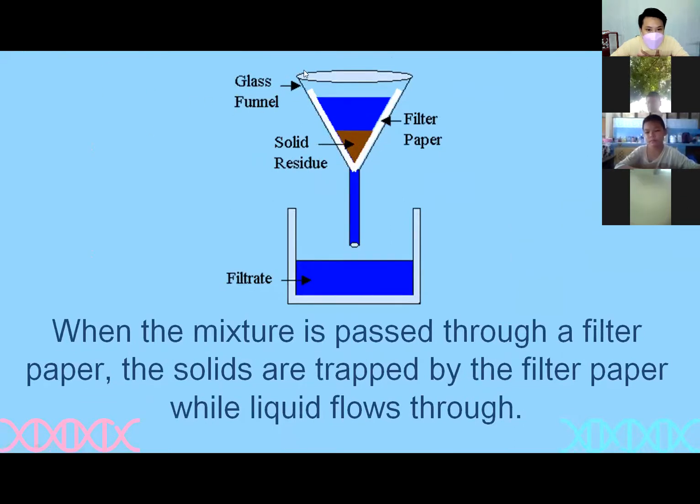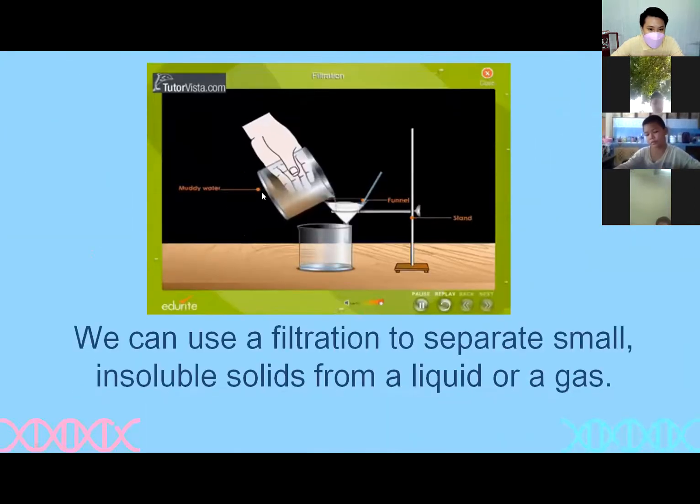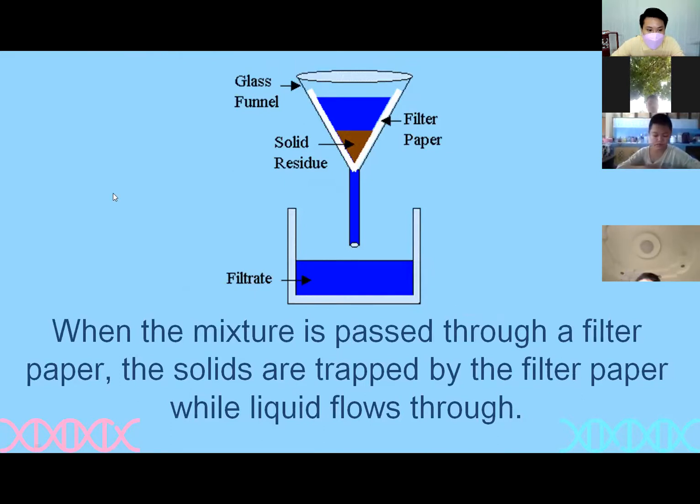Like this. So this is the glass funnel. Put the filter paper in it. It has the water and the solid residue. This is what happened to the muddy water. So when the mixture is passed through a filter paper, the solids are trapped by the filter paper while liquid flows through.